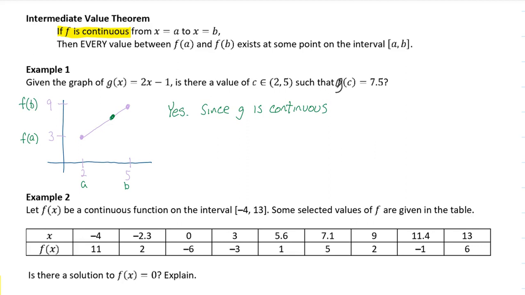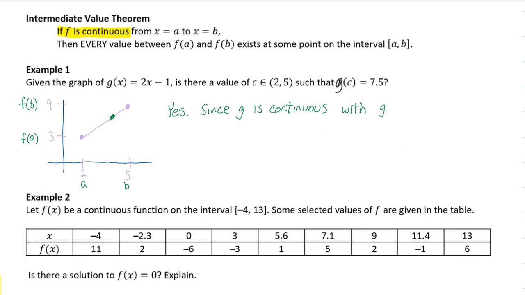Since g is continuous, I have to say it's continuous, and then I have to physically show a value that is above 7.5 and a value that is below 7.5. When I graph this line, I found 2 values. I found the point (2, 3).